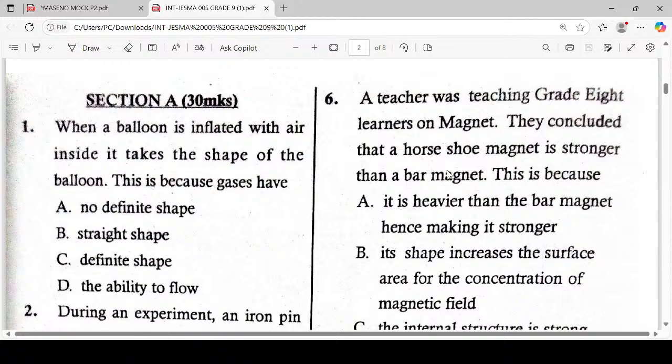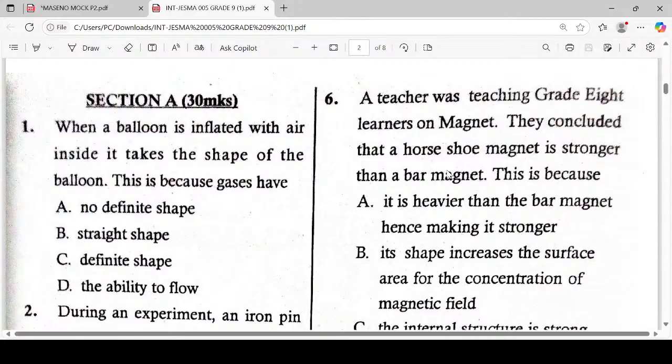What makes the gases take up the shape of the balloon? That is what the question is asking. When answering that question, we all need to be very keen with our response. After critical analysis, you all know, learners, the properties of the states of matter.